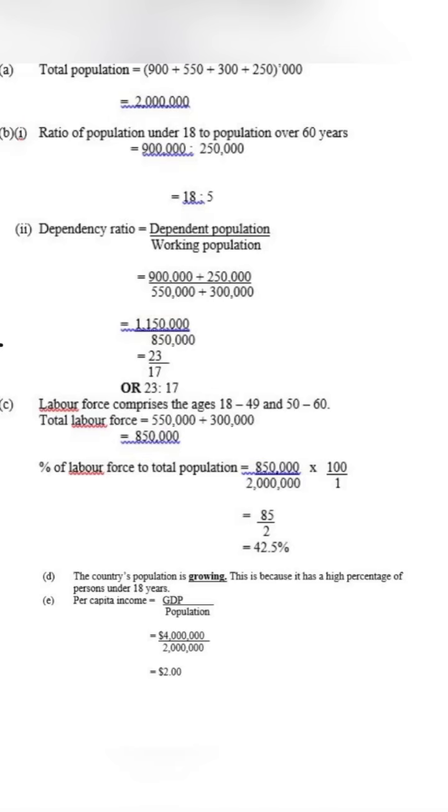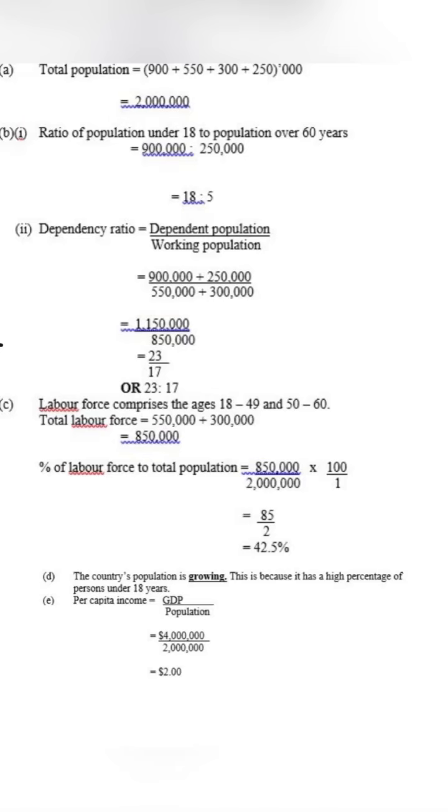And this dependency ratio is worked out to find how the dependent population relies on the working population, the active force or the labor force. So dependency ratio is done by dividing the dependent population by the working population.